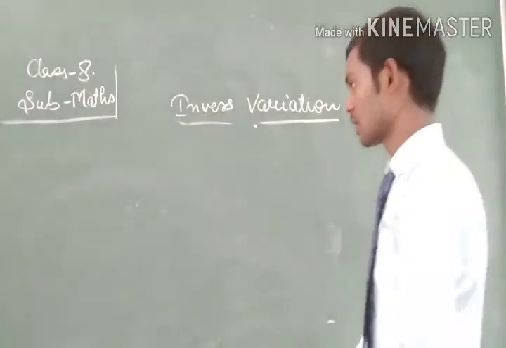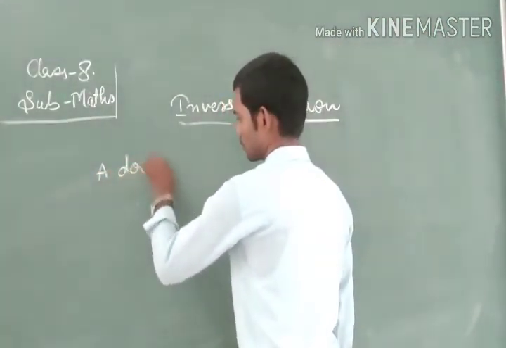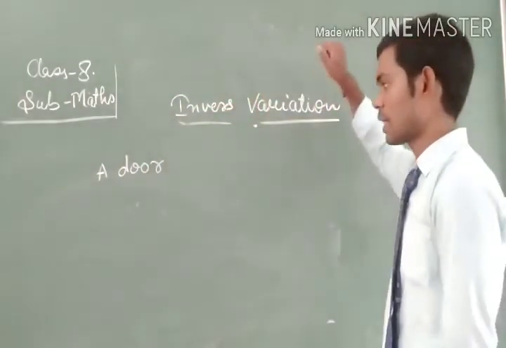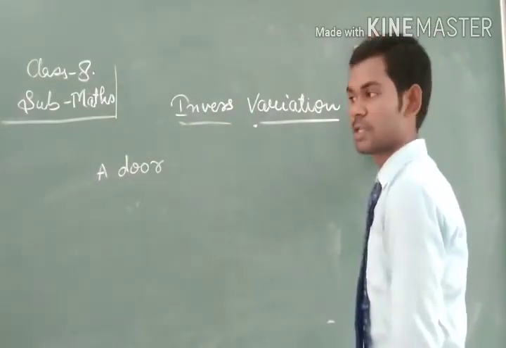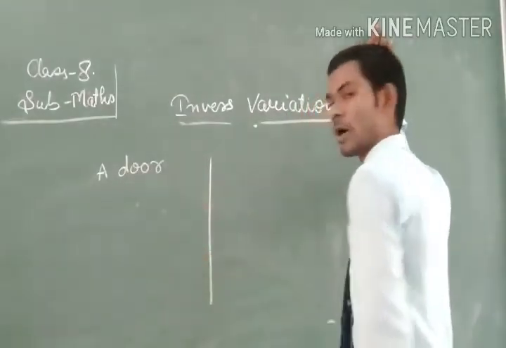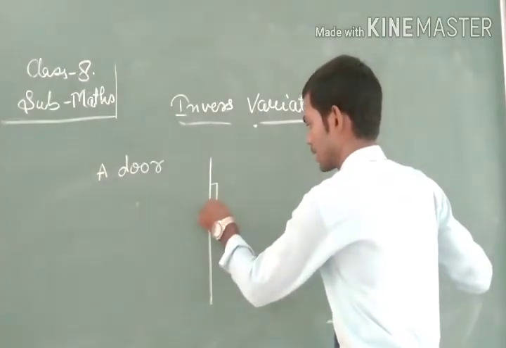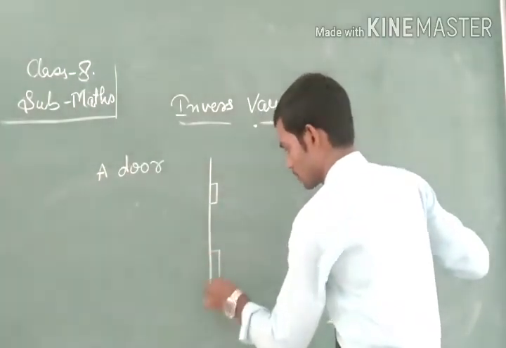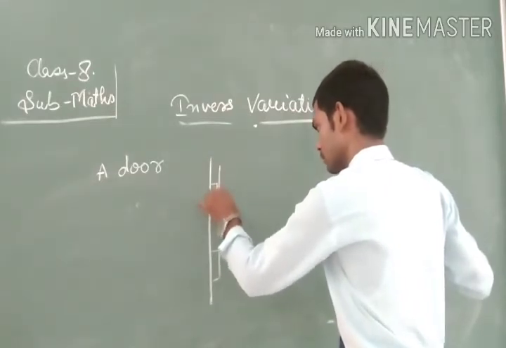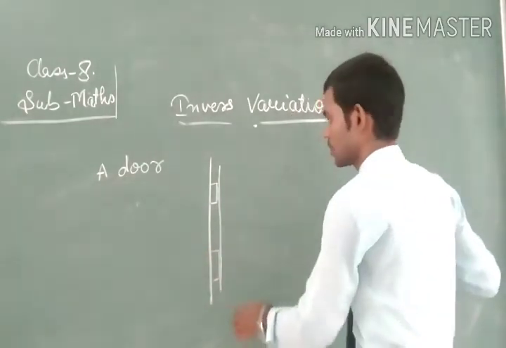Just suppose the example of a door. As we know, a door is a very essential part of the home. Suppose this is the wall, and the door is attached here like this.